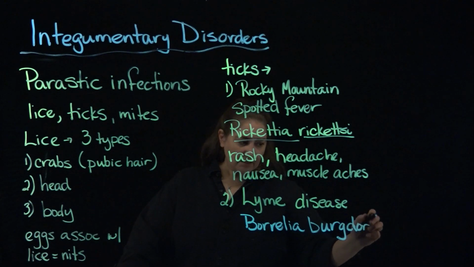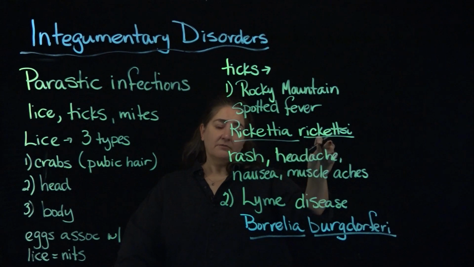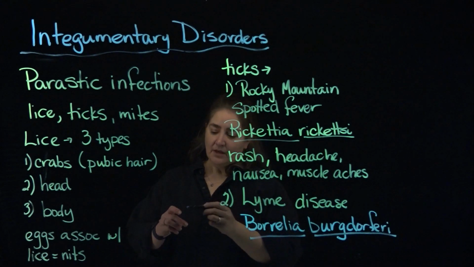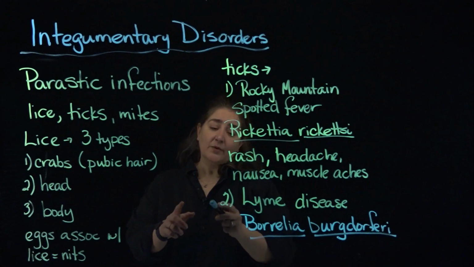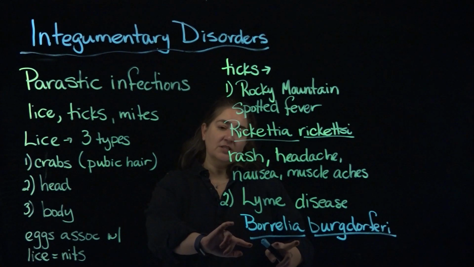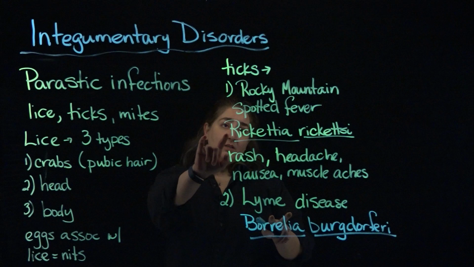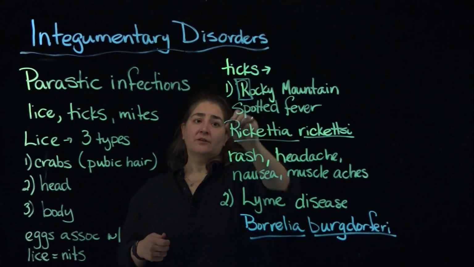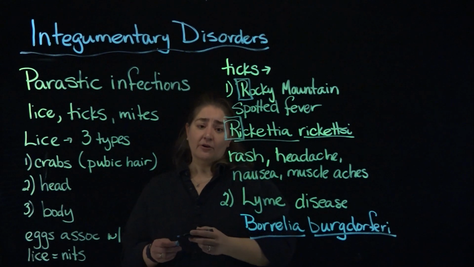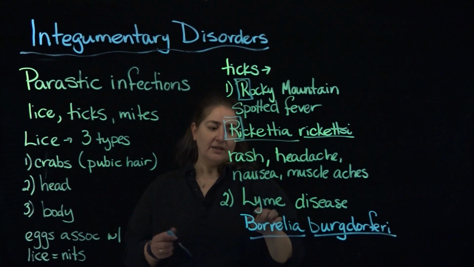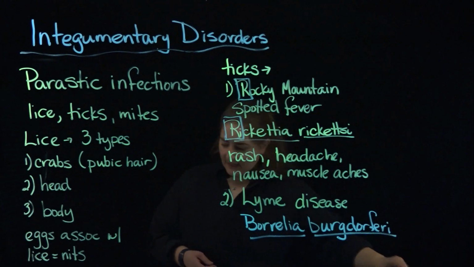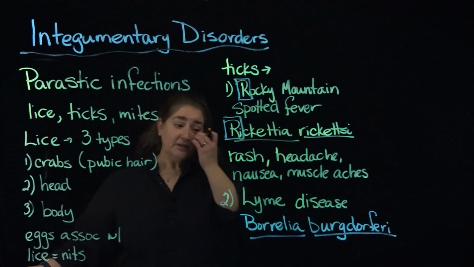Again, on the test, I'm not going to ask you to spell these. Rickettsia rickettsii, Borrelia burgdorferi. But I do want you to be able to recognize which infectious agent goes with which disease. So Rickettsia is Rocky Mountain spotted fever. And if the R's help you remember that, R to R, perfect. All right. Lyme disease is Borrelia burgdorferi, and it presents a little bit differently.